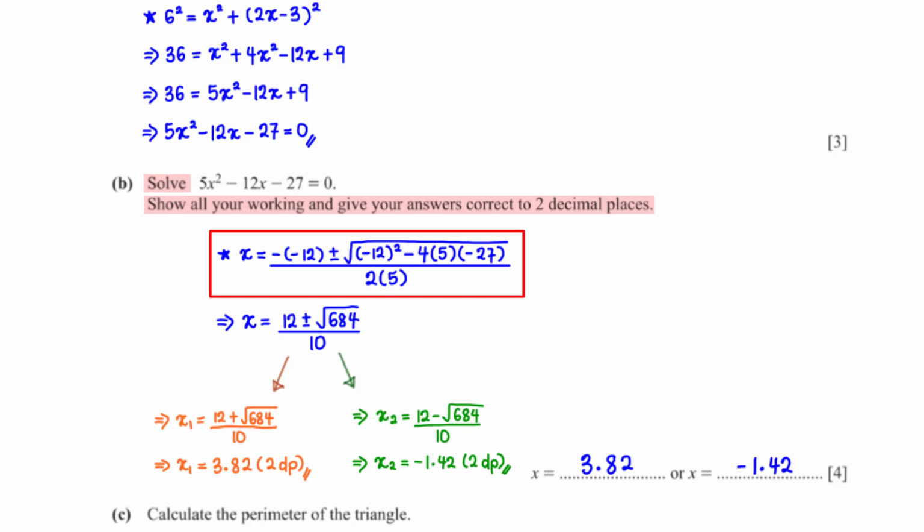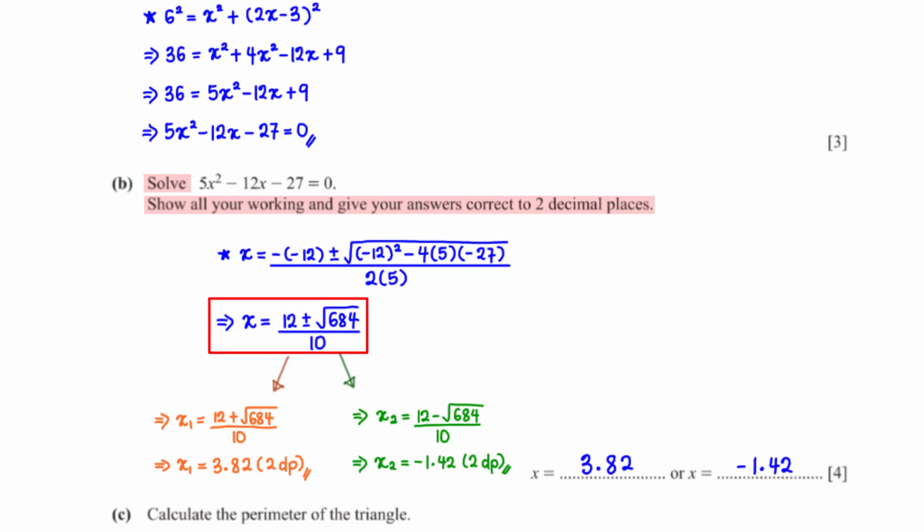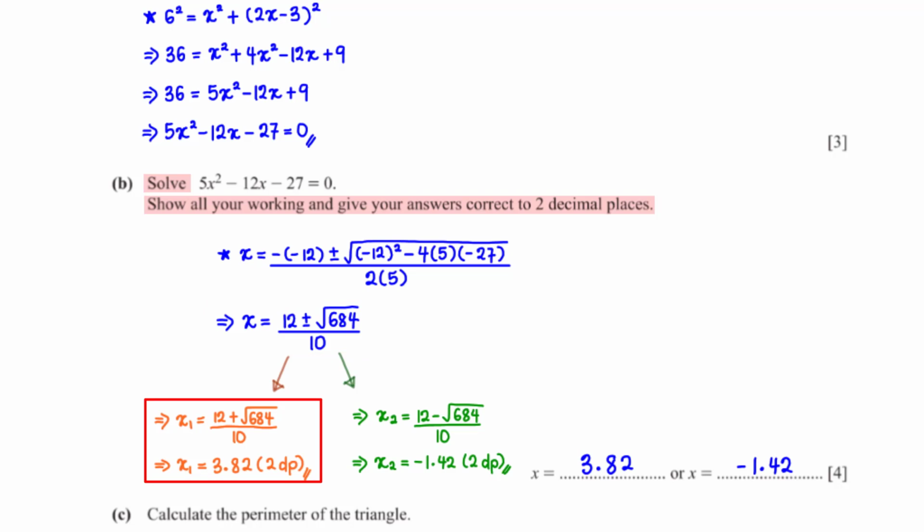The number under the square root, negative 12 squared minus 4 times 5 times negative 27, gives us 684. And for the denominator, 2 times 5 is 10. For the first possible value of x, we get 3.82 rounded to 2 decimal places. And for the second possible value of x, we get negative 1.42 rounded to 2 decimal places.